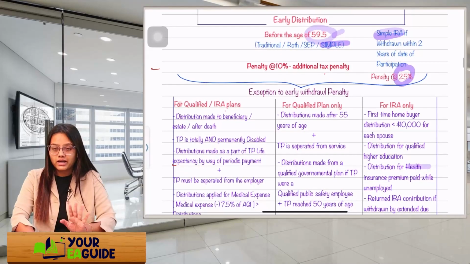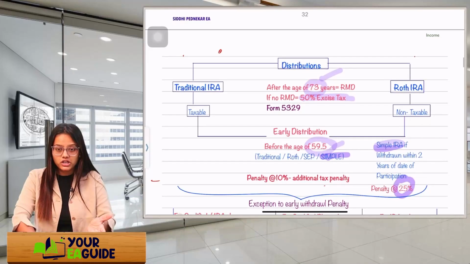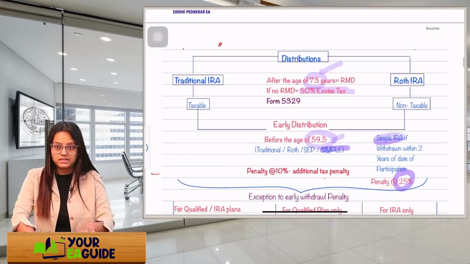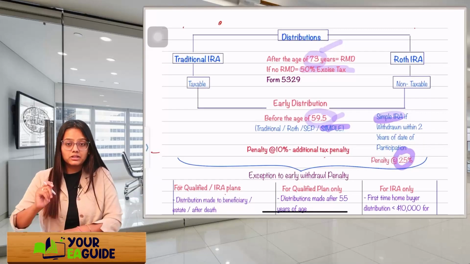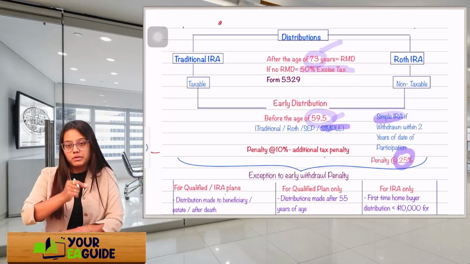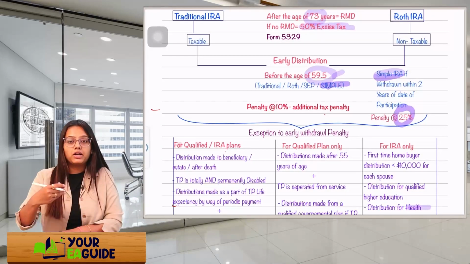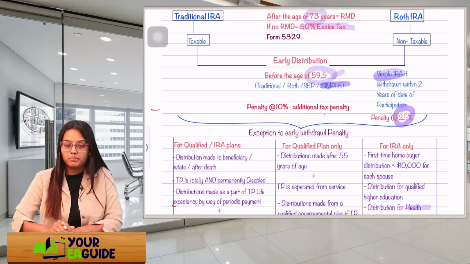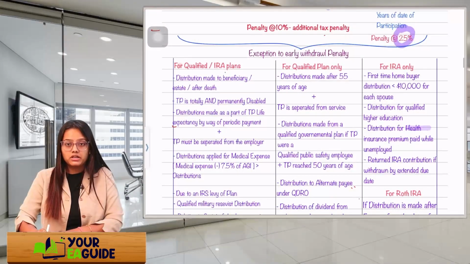This is not non-taxability. It will anyway be taxable. If you withdraw something from a traditional IRA, it will anyway be taxable. If you withdraw something from a Roth IRA, then it won't be taxable. But before or after the age limit, whether the extra penalty applies or not comes into the picture. So these are the types of scenarios where the 10% penalty is not applicable.